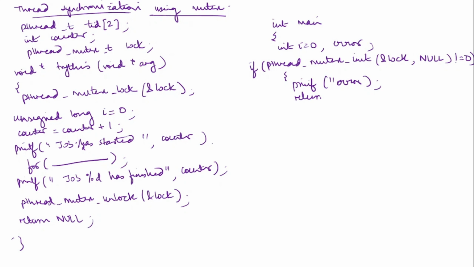This particular statement sees whether the mutex has been initialized correctly or not. If not, it throws the error. Otherwise, it simply goes and initializes the mutex. And similarly, I use the pthread_create function to create the thread.